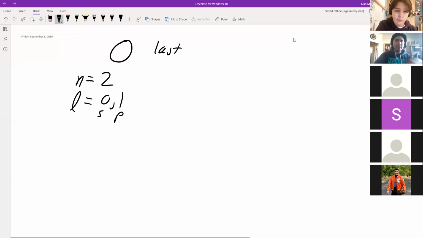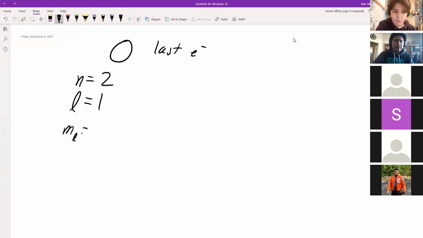In which orbital is oxygen located right now? p. So now we're making L equal to 1. So what would be my ranges for mL? -1, 0, and 1. Oh, the ms on the previous one was -1/2, just so you know, Eva. And so we have -1, 0, and then +1.